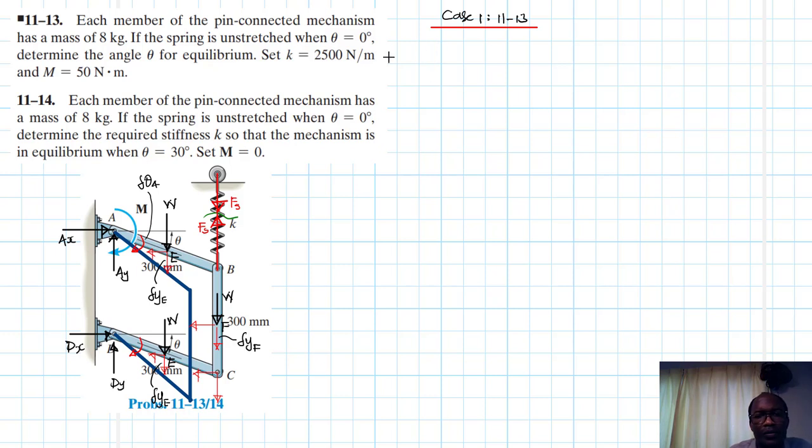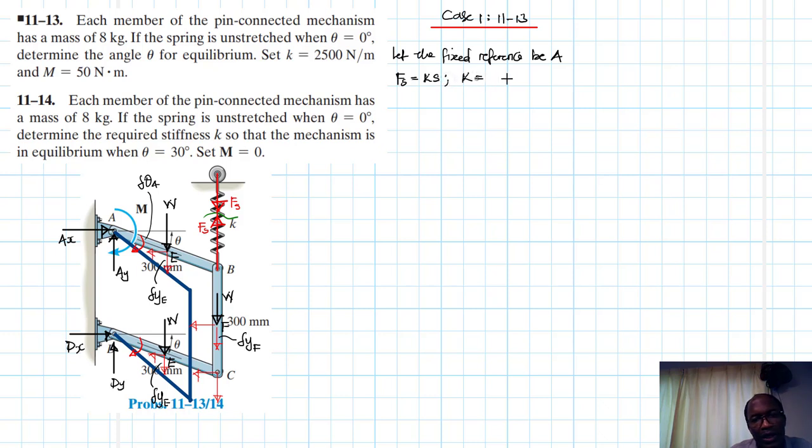So let's now define our fixed reference to be A. Okay, so let's define now our spring force. The spring force is just going to be equal to K times S, the spring constant times the stretch.